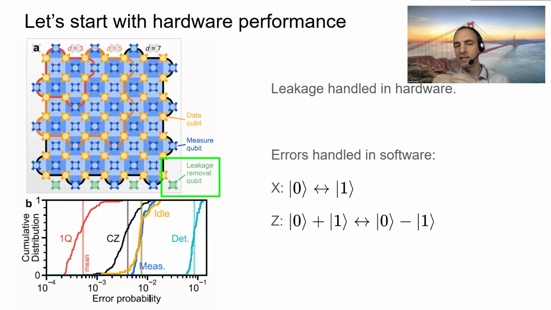We have an array of multi-level systems, and it's possible for gates and other noise to excite you to higher levels. We have hardware protocols and gates that remove that leakage so that you don't need to worry about that at the software level. At the software level, we just care about two types of errors: bit flips, things that take zeros to ones and back again, and phase flips, things that take superpositions of zeros and ones and flip the sign of that superposition. That's what we need to focus on.